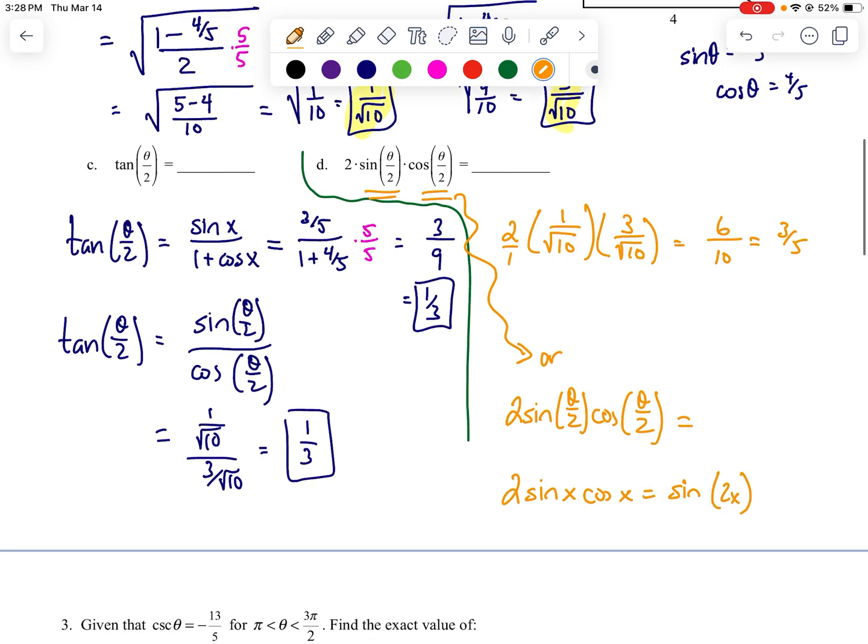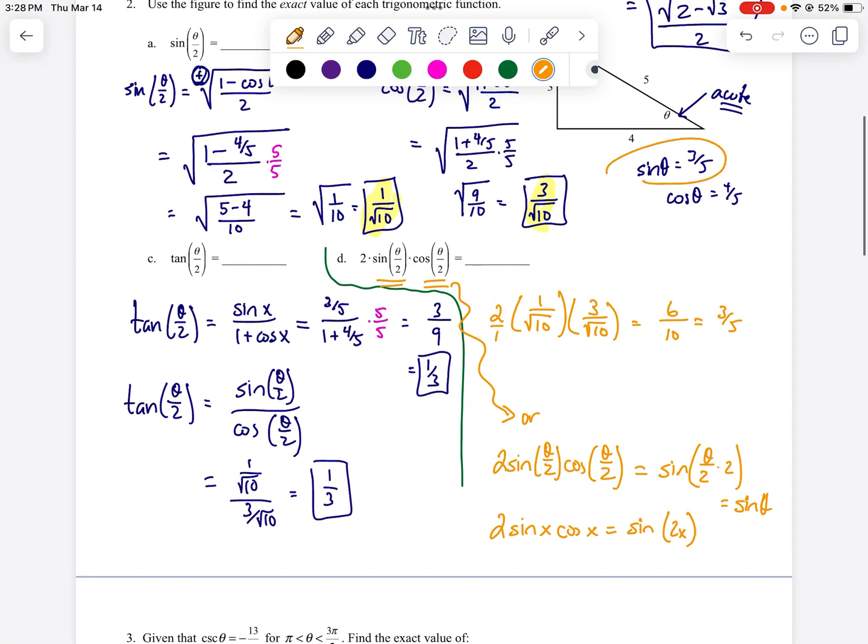So that means this is actually the sine of theta cut in half times 2, which is the sine of theta. And if I go all the way back to the beginning, sure enough, it's the sine of theta. So that's a cool way to verify one of those identities.